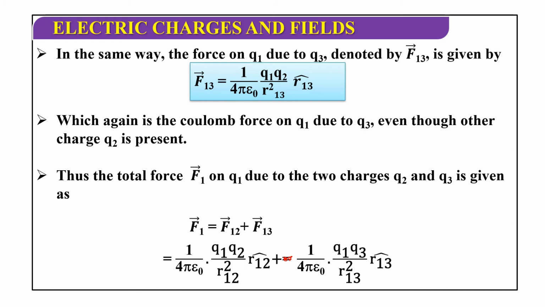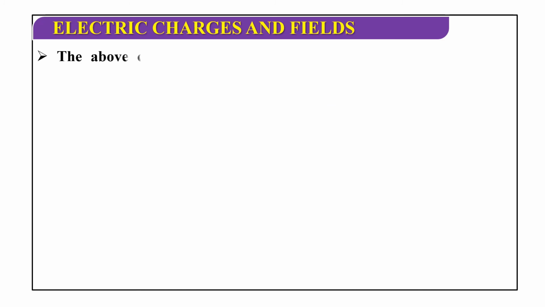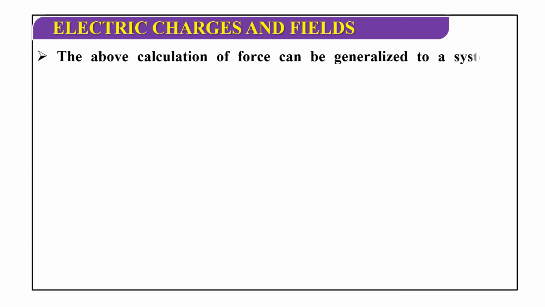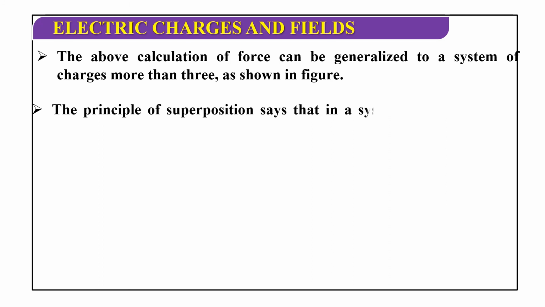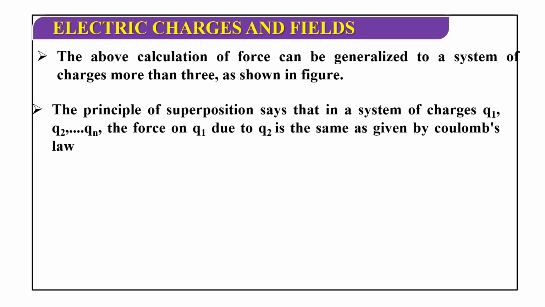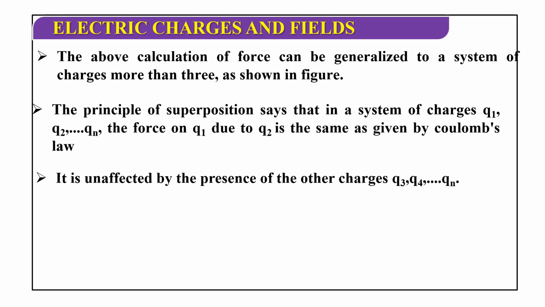Next, the above calculation of forces can be generalized to a system of more than 3 charges, as shown in the figure. The principle of superposition says that in a system of charges q1, q2 and so on up to qn, the force on q1 due to q2 is the same as given by Coulomb's law. So, it is unaffected by the presence of other charges q3, q4 and so on up to qn.